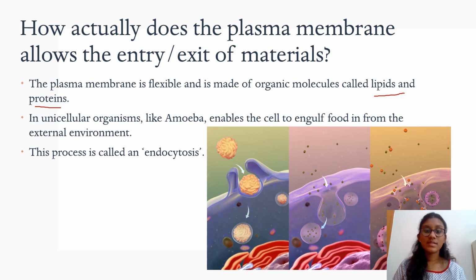This process is called endocytosis. As you can see in this image, the food of the amoeba is in its external environment, and through the formation of a structure called the pseudopodia in the plasma membrane, the food moves inside the structure of an amoeba and later goes inside the organism.